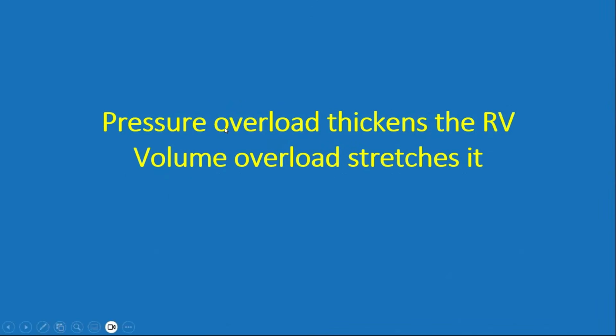So whenever there is a pressure overload, it thickens the RV. So what is this statement saying? That whenever there is a chronic pressure overload, not in the acute state, the RV will be hypertrophied. So you need to look at that also. Whenever there is a volume overload, it stretches it.